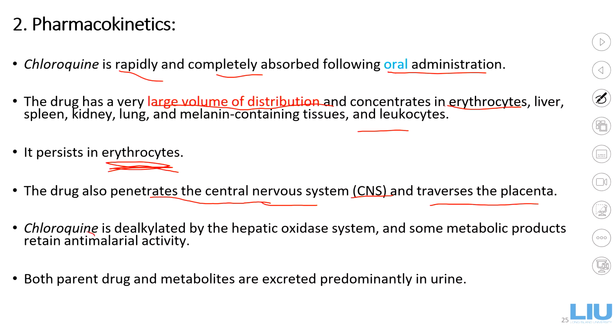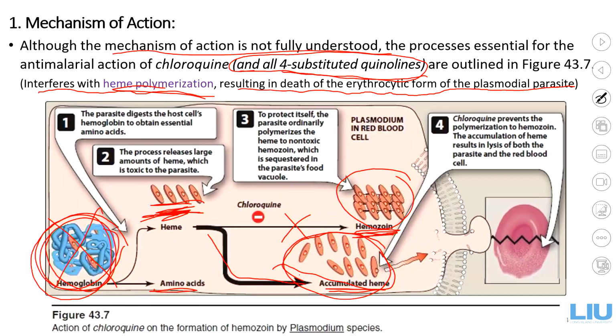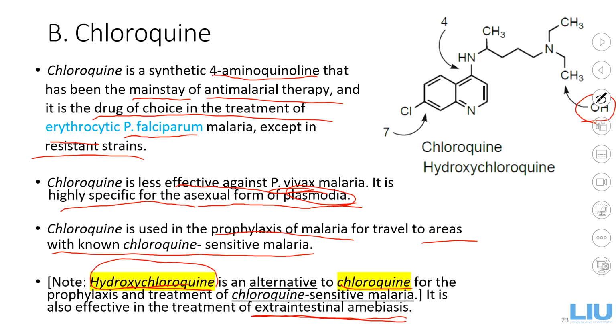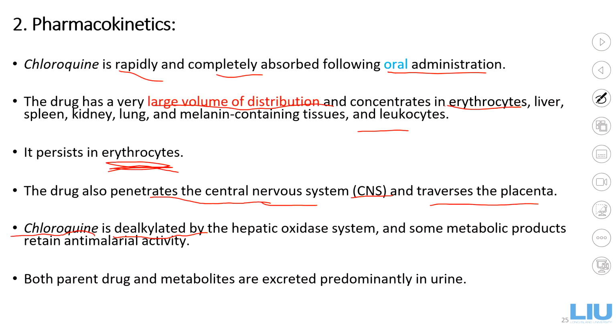And then chloroquine, as far as metabolism, is dealkylated. So that's an alkyl group here. So this is removed, or could be that, if there is no H group here. It's dealkylated as far as metabolism, producing metabolic products that retain anti-malarial activity.